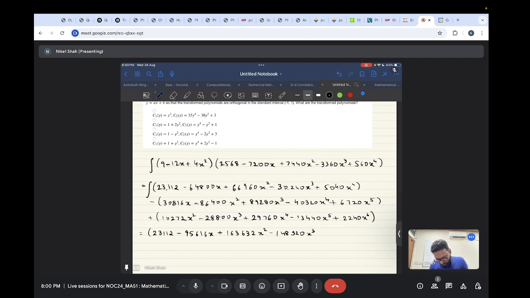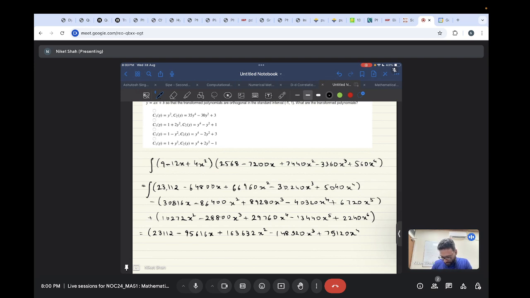This is plus 75 120 x raised to 4. Okay, now x power 5 is here.